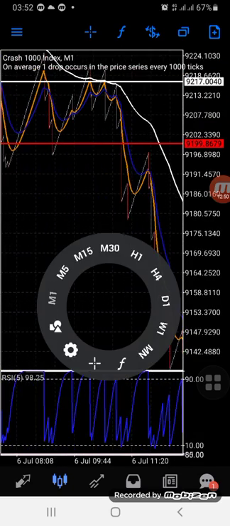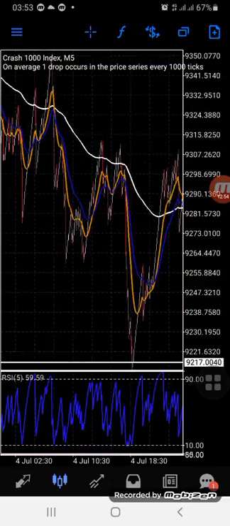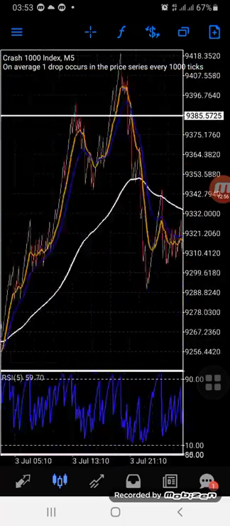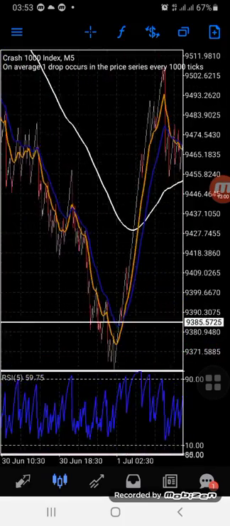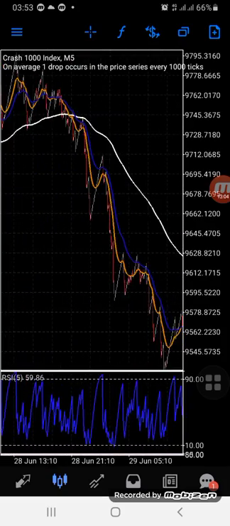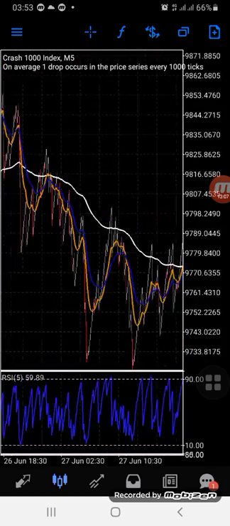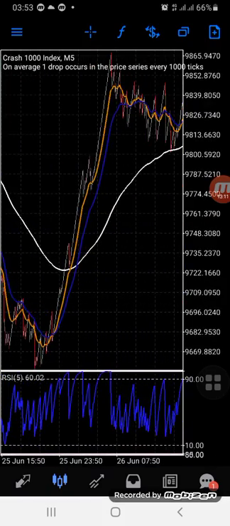So it's better you take 5 minutes or higher to get better trades for scalping. But for long trading, you check your trend from the daily time frame or 4-hour time frame, then you come down to lower time frames to take your entry. All right, that's just a simple way.